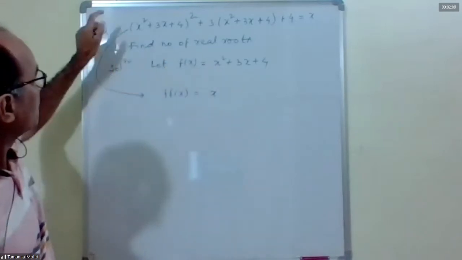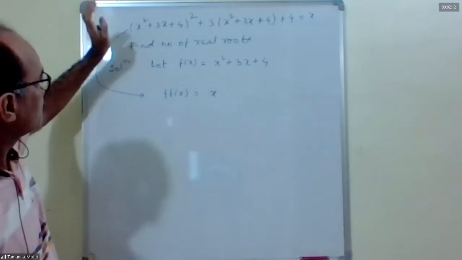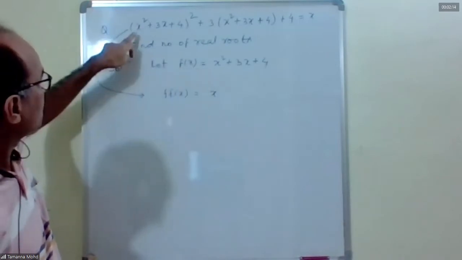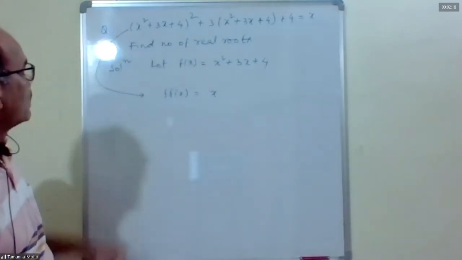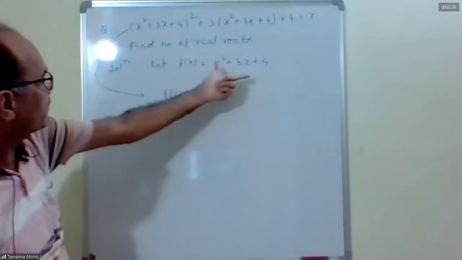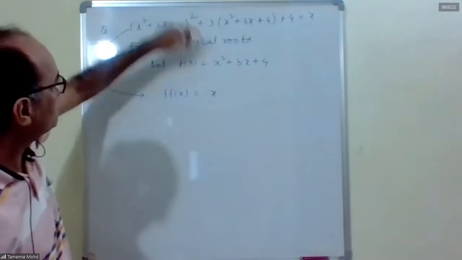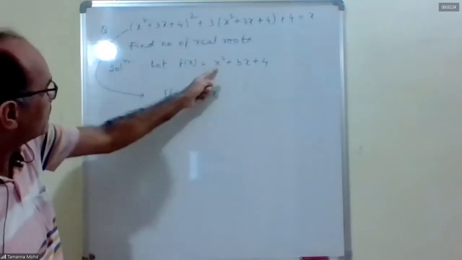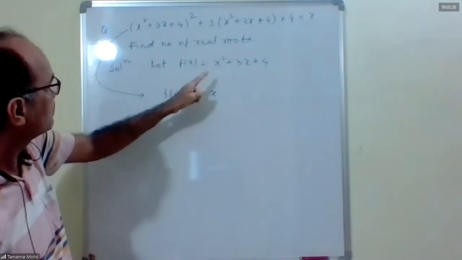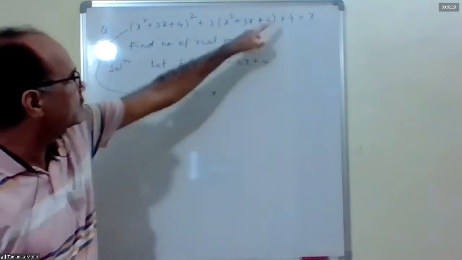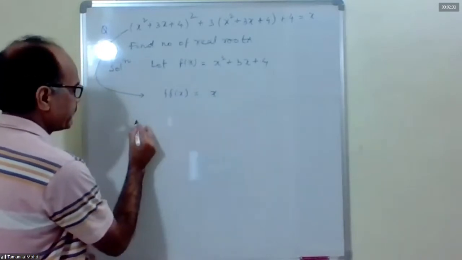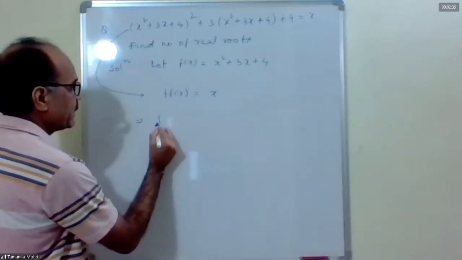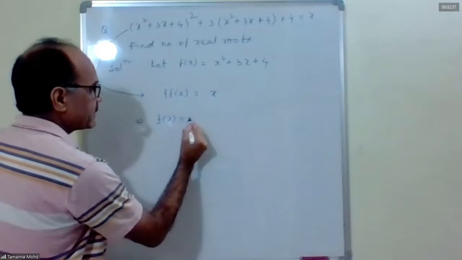If you replace x by this function, we'll get the same thing, and 4 remains 4. So f of f(x) becomes x. So this gives us f(x) equal to f inverse x.